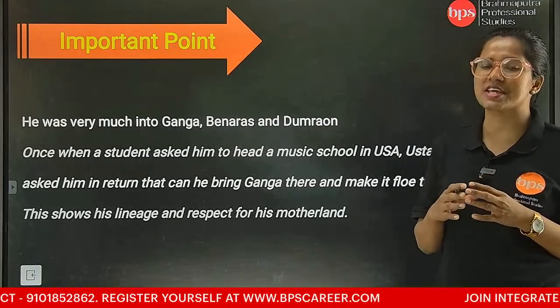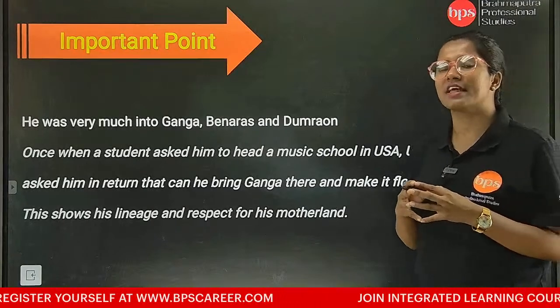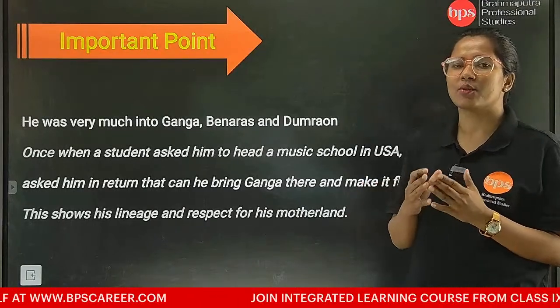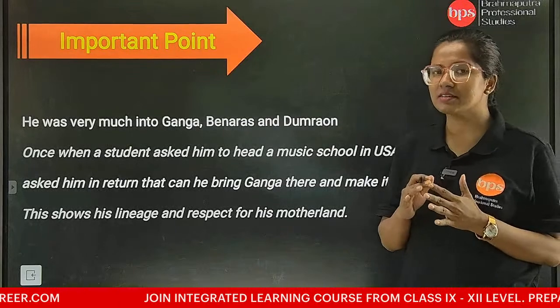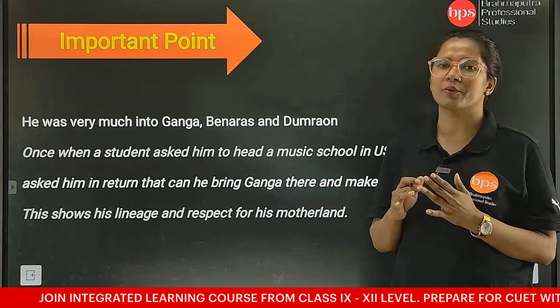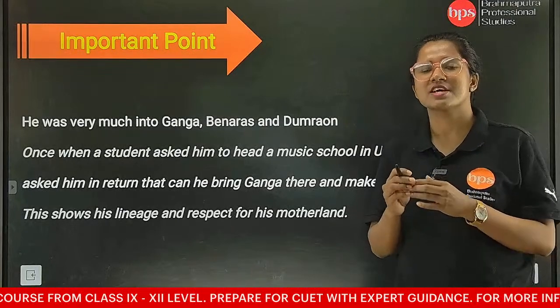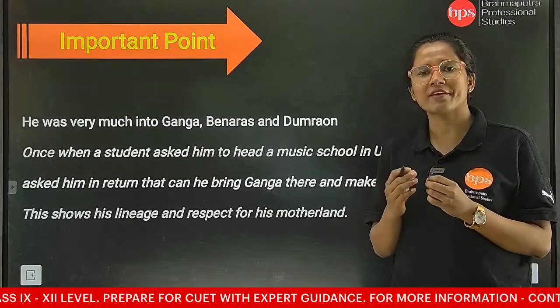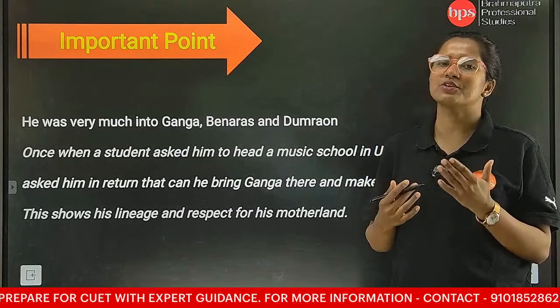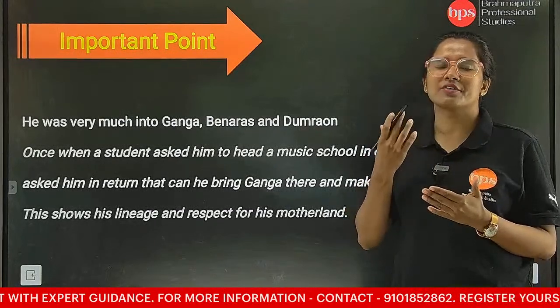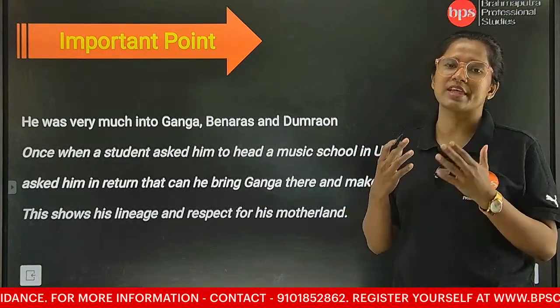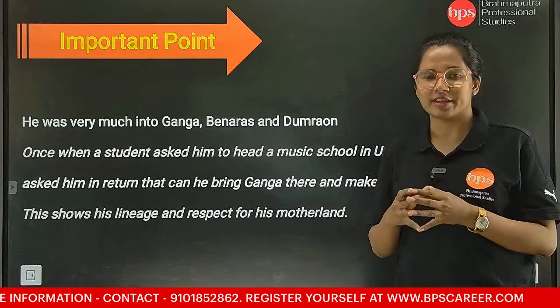Because of this he said that he only likes Ganga, Banaras, and Dumraon, because these were the places where he found solitude, and where he could explore new regions of music with the help of his Shehnai.